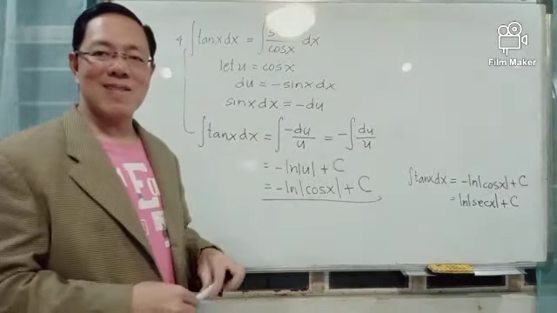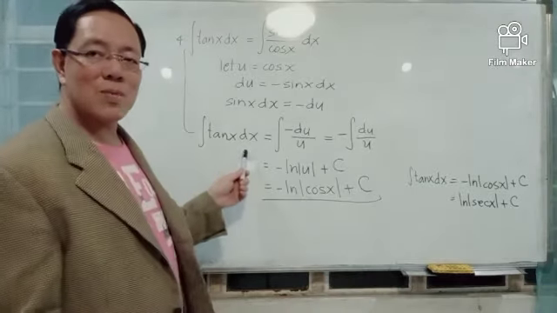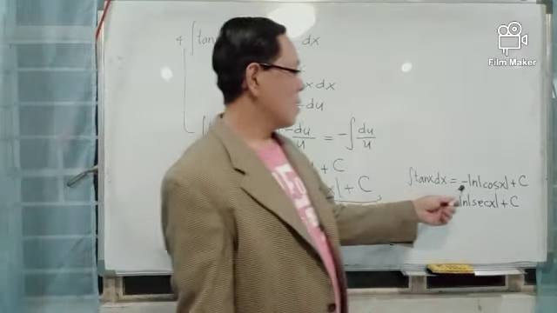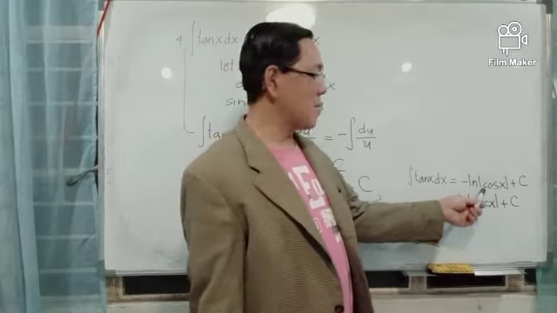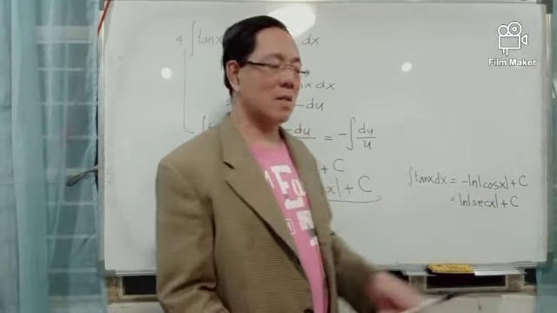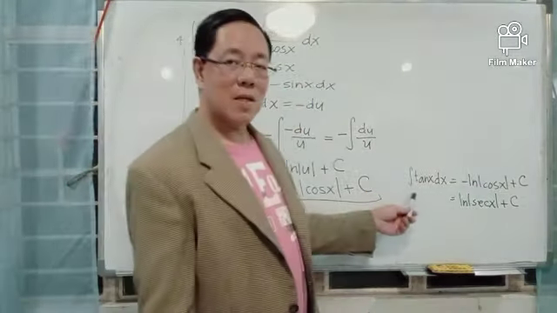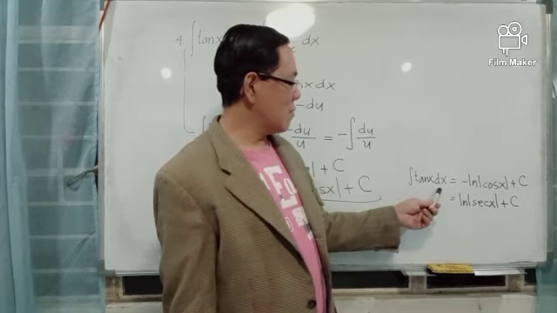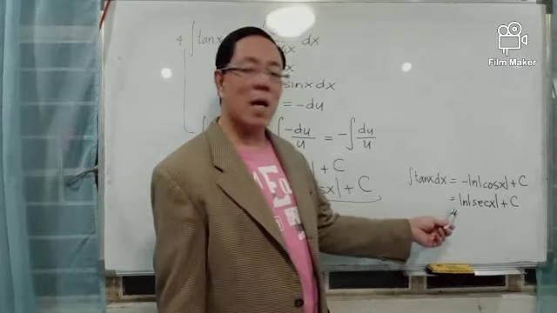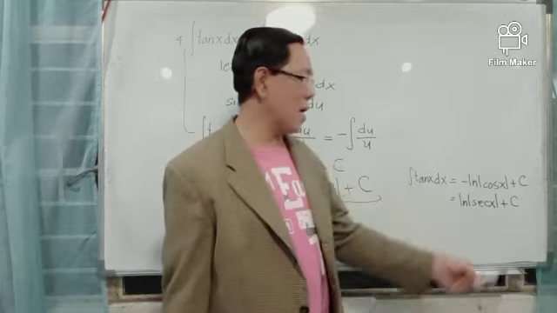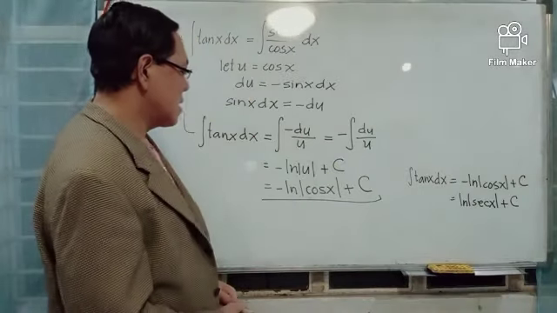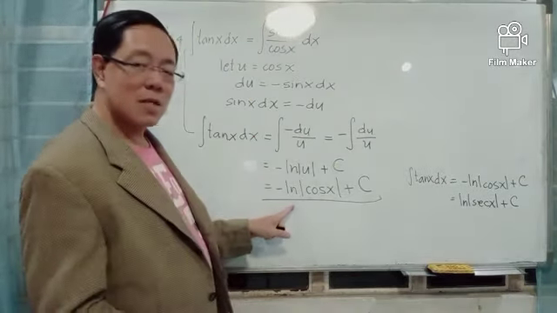Hence, we have shown that the integral of tangent x with respect to x is negative ln of the absolute value of cosine x plus c. To show that the integral of tangent x with respect to x is also equal to ln of the absolute value of secant x, we add 0.